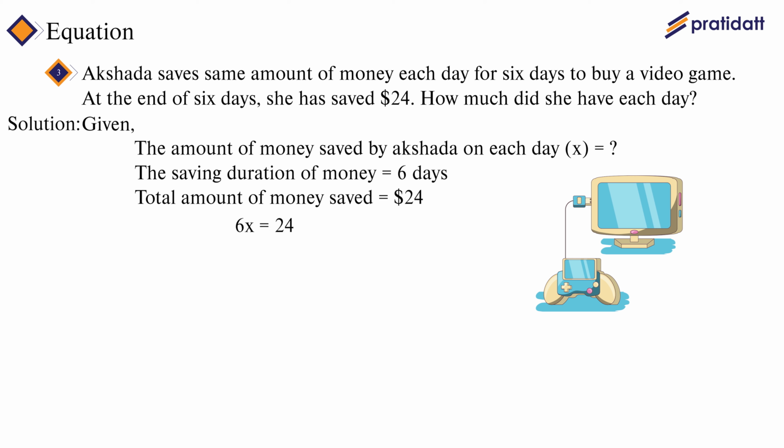Divide both sides of the equation by 6. 6x upon 6 is equal to 24 upon 6. x equals 24 divided by 6. Therefore, we get x as 4. Hence, the value of the variable is 4. Therefore, Akshata saved $4 each day.